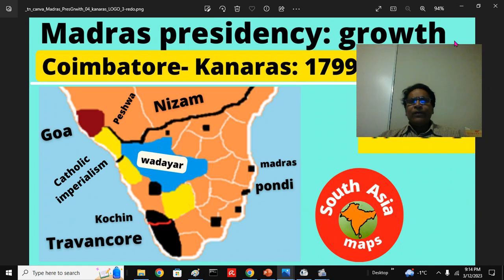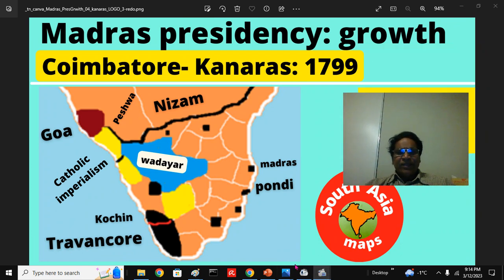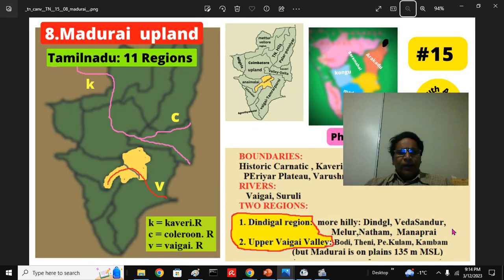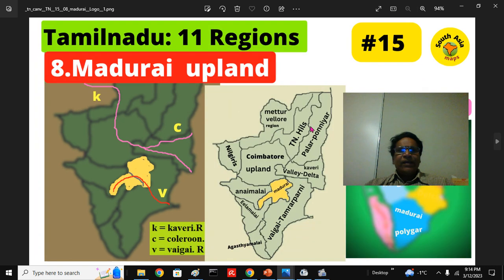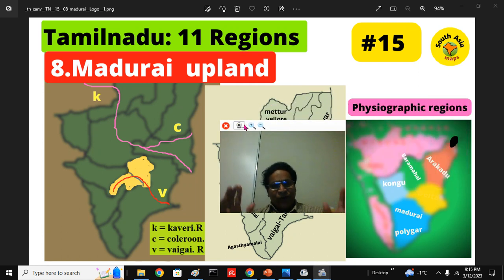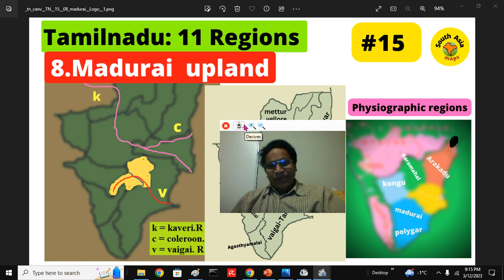You can look at the Madras Presidency playlist for further details. That is about the fascinating Madurai Upland, the Madurai-Dindigul Uplands, one of the 11 physiographic geographic regions of the province of Tamil Nadu, Deccan, Dakshin Bharat of Bharat Mata.